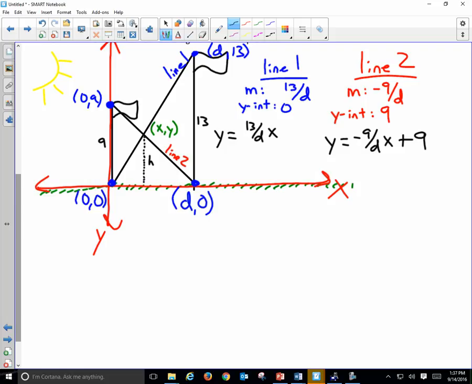Okay? So now we get to the point where the algebra really comes in. So you tell me I have two lines, they intersect. How do I solve for the intersection between two lines? They're both equal to y, so they're both equal to each other.